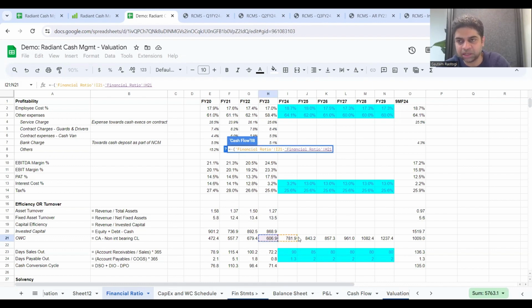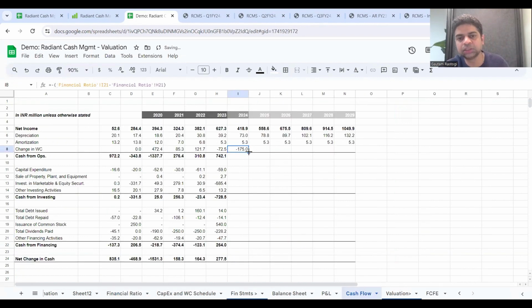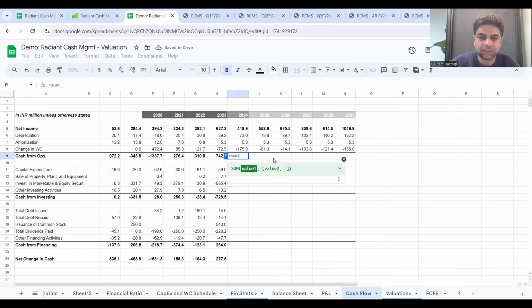If you see, this working capital is increasing, so more and more capital is getting stuck as you're increasing sales. So this is a drag in cash flow from operations. Okay, so now यहाँ हो गया, let's drag it. The total cash flow from operations was the sum of all these numbers.